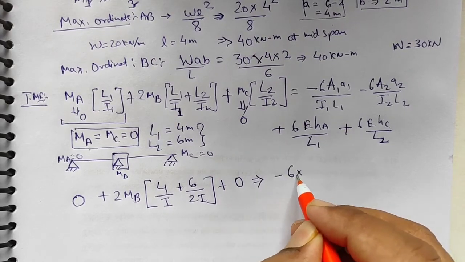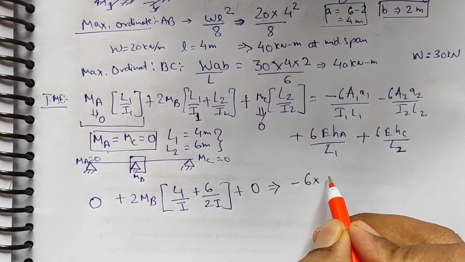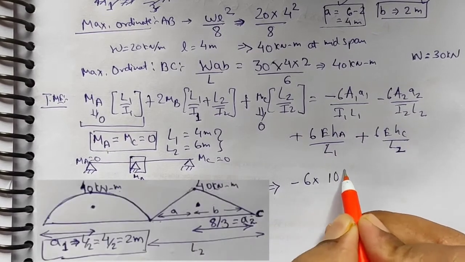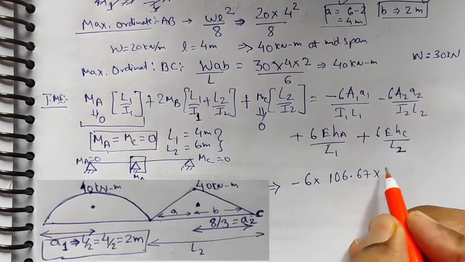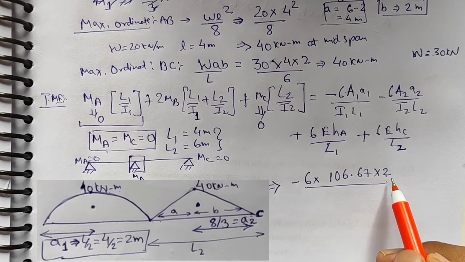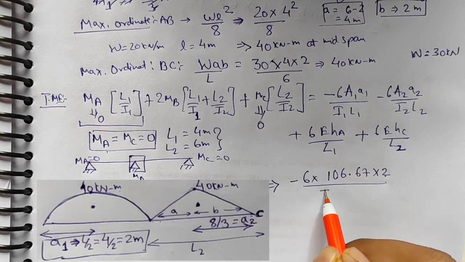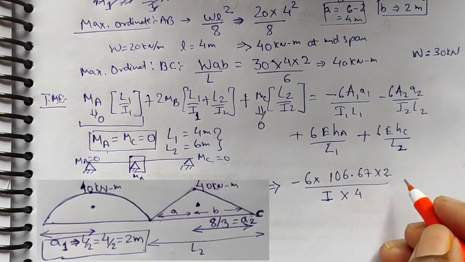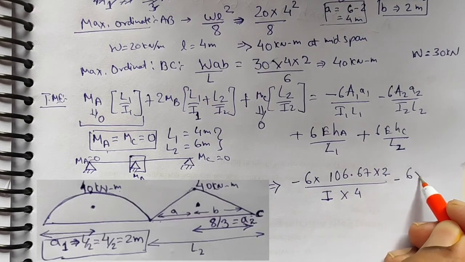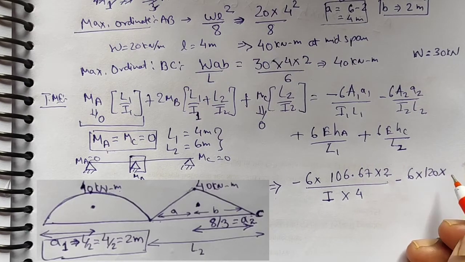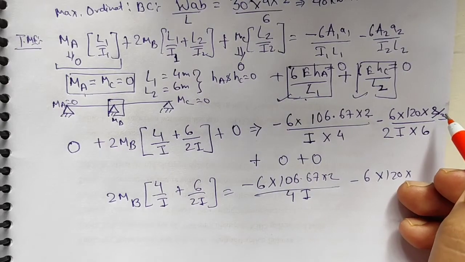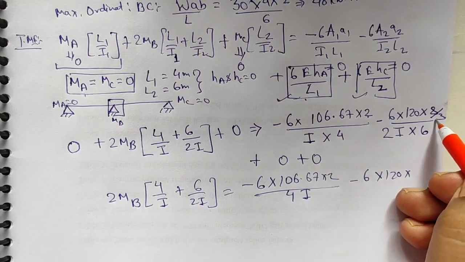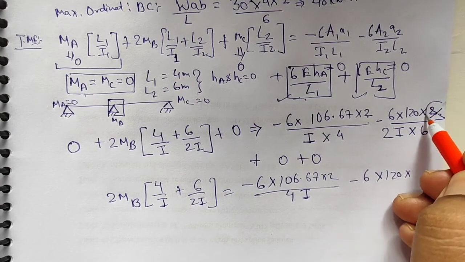Again here minus 6. Now we have found the value of A1 equal to 106.67 multiplied by small a1, that is the distance of the CG from the end A, equal to 2 meter. Now I1 as specified will be equal to I, and L1 will be equal to 4 meter. Again negative 6 A2, which I found as 120 meter square, multiplied by the distance of the CG from the end C, which will be 8 by 3, as we have found out previously.